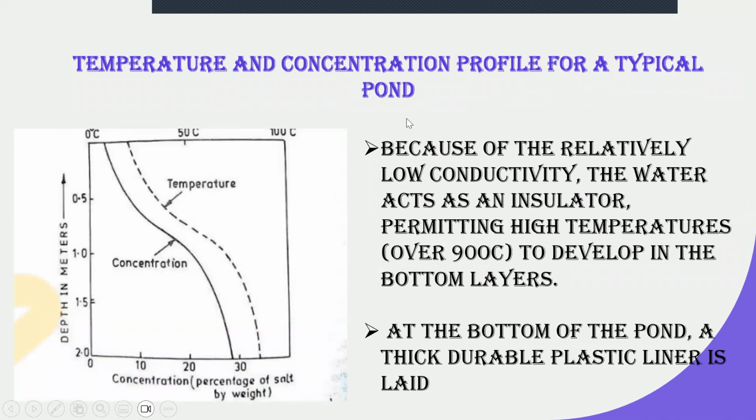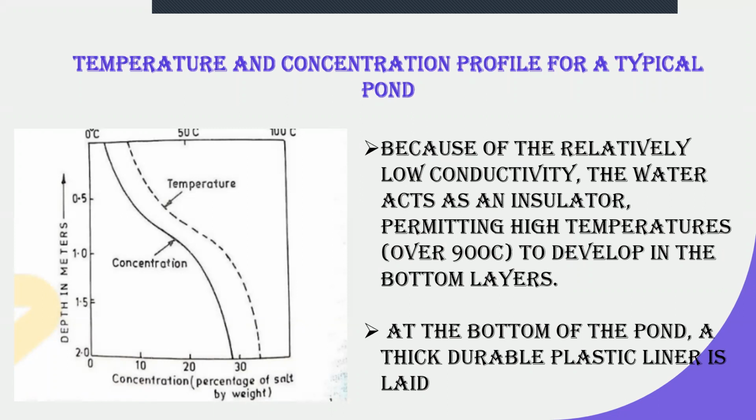Here you can see the depth of the pond in meters, and here the concentration and temperature. Convection can be eliminated by initially creating a strong salt concentration inside the water.